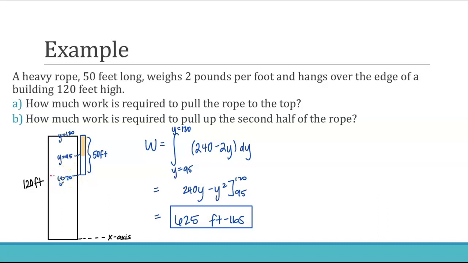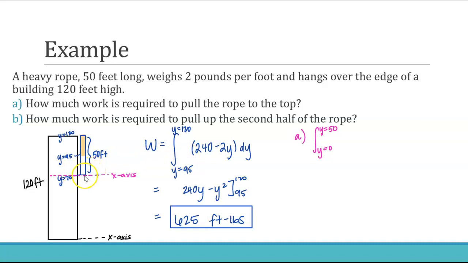So I could have chosen to make the bottom of the rope the x-axis, therefore making the setup of part A the integral from y equals 0 to y equals 50, instead of y equals 70 to y equals 120.